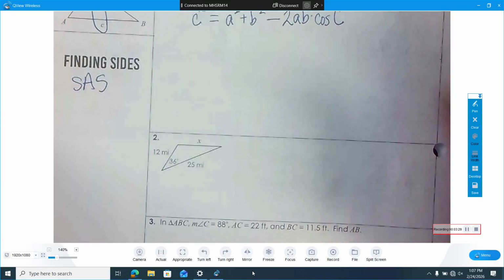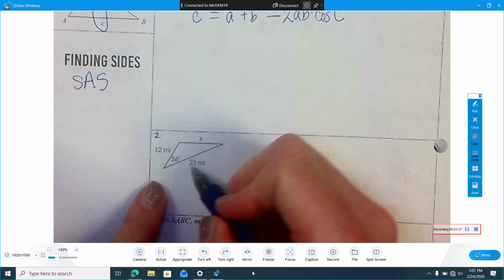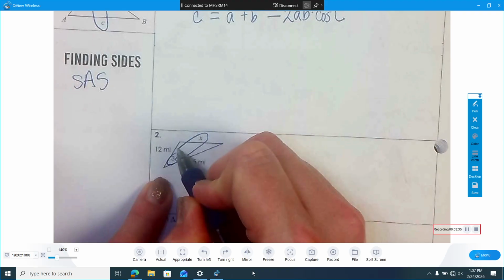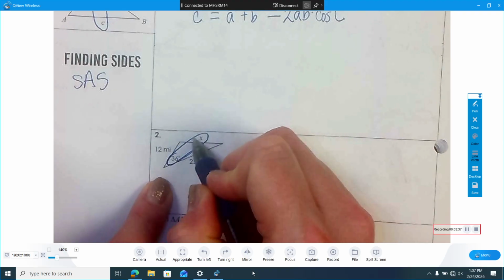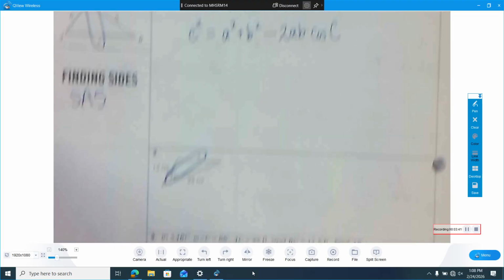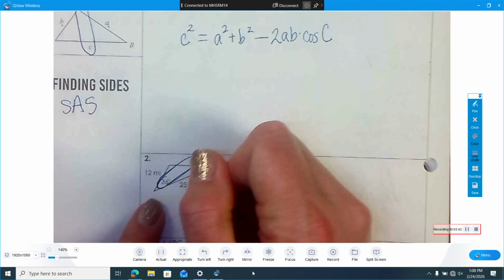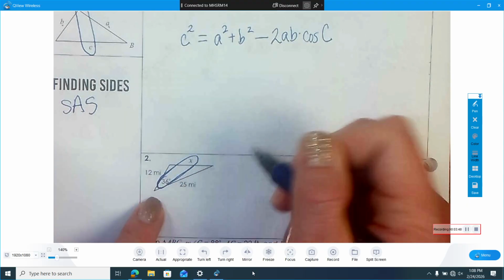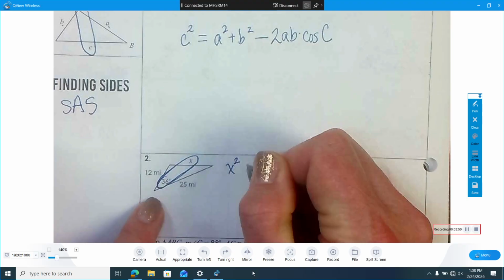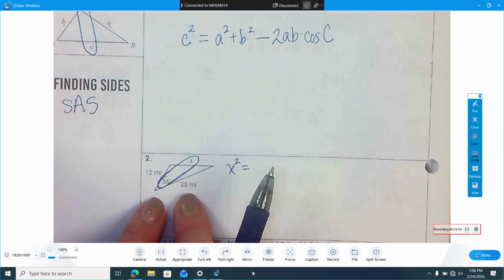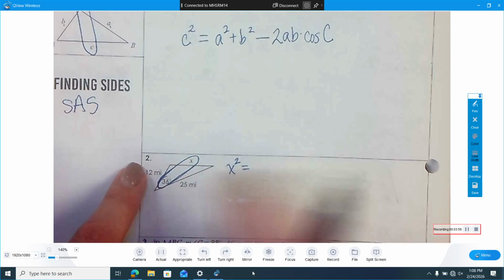So let's check out number 2 here. I have my angle of 36 degrees, and I have this opposite side x that I'm trying to figure out. So please circle those. My formula says I'm going to start with whatever my opposite side is squared. So x squared is equal to a squared plus b squared, those are the other sides squared.